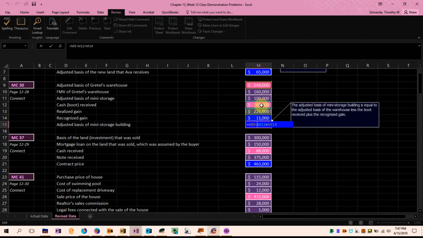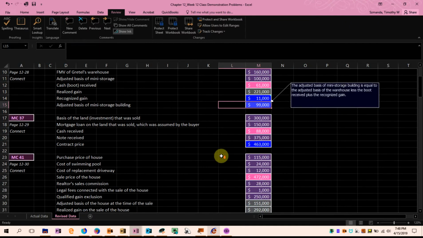So in this case, we'll take the $149,000 and we'll deduct the boot that she received, and then we'll add to that the gain she recognized, the $11,000. And this is consistent with the formula in the text. So her adjusted basis in the mini storage building she acquired is therefore $99,000 using my numbers.